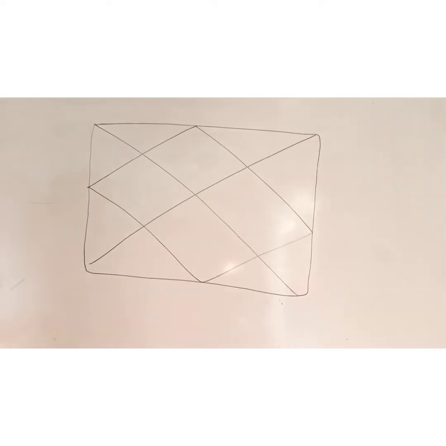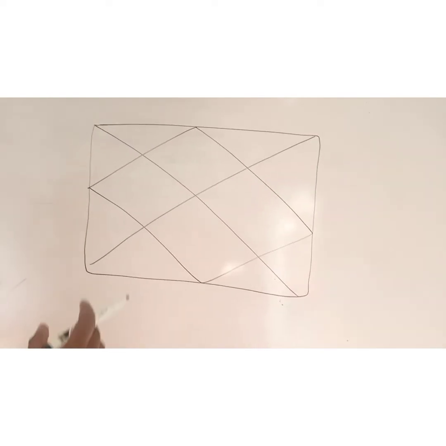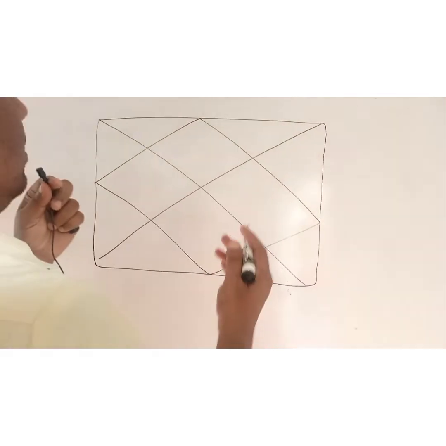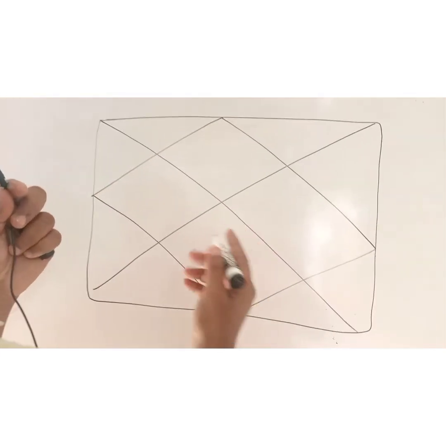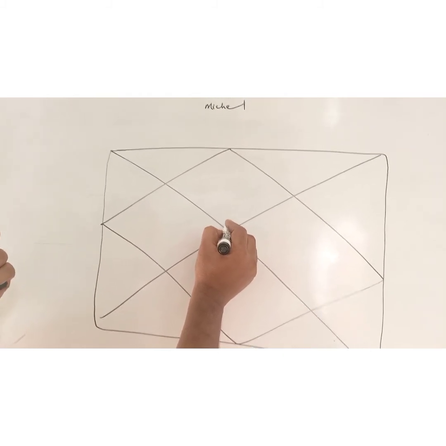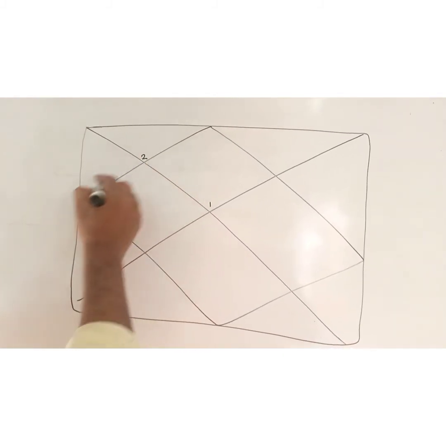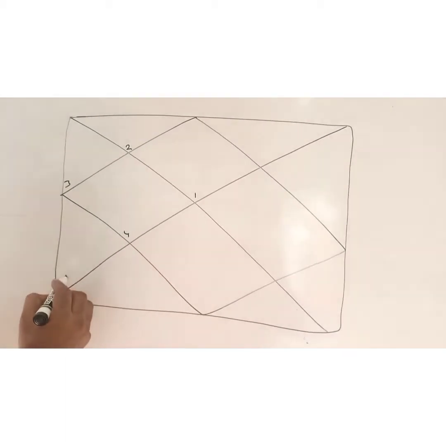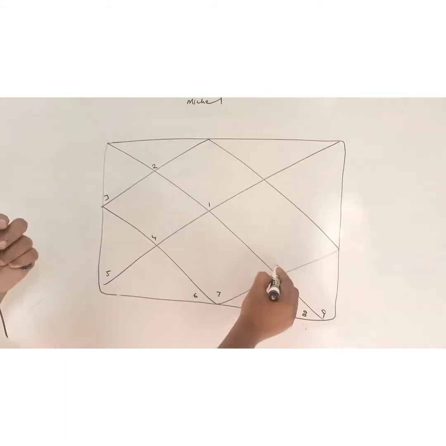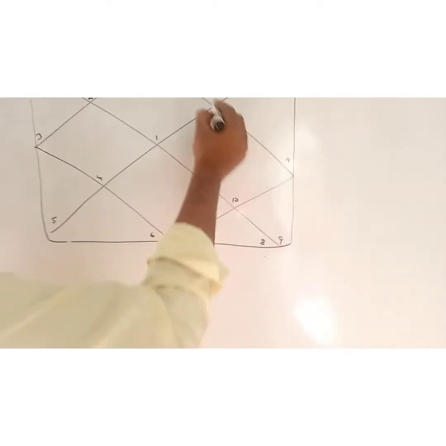Now we are seeing what his chart is. Suppose first is 1, 2, 3, 4, 5, 6, 7, 8, 9, 10, 11, 12.